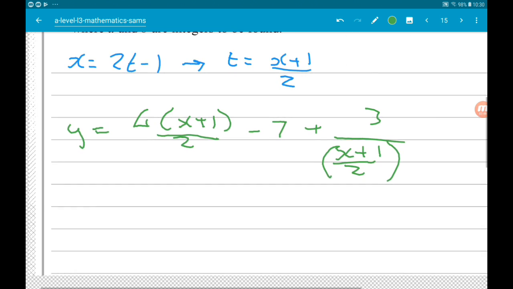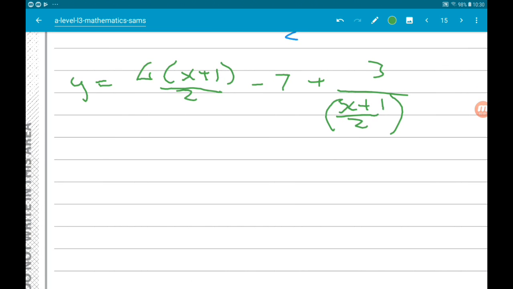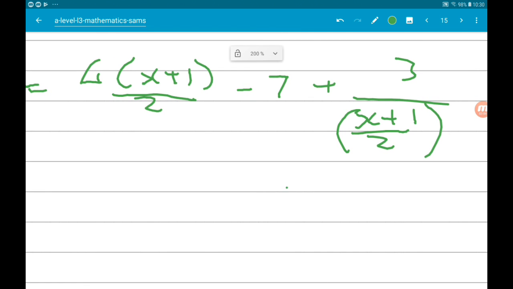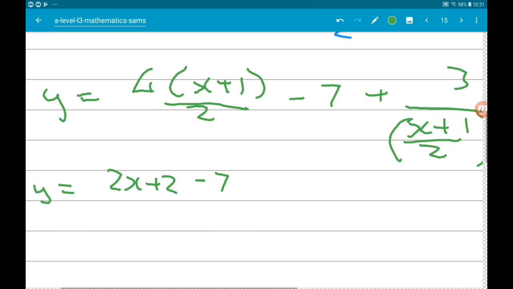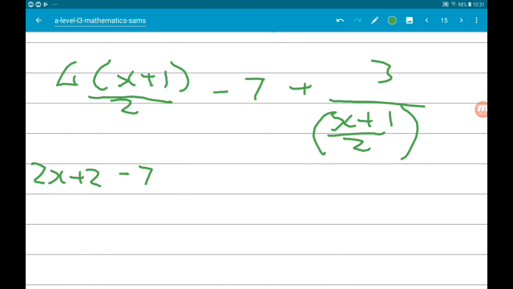Okay, so we're now playing around with this. Alright, so first step, the 4 and the 2 cancel a bit, so we're just left with 2 lots of x add 1, so that's 2x add 2. And then we got minus 7. Now over here, we have 3 divided by x add 1 over 2.